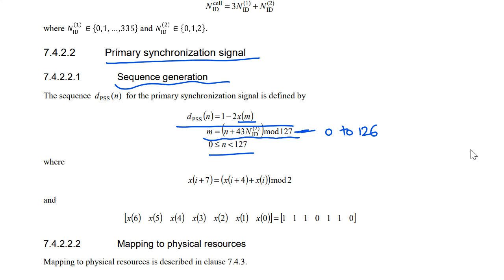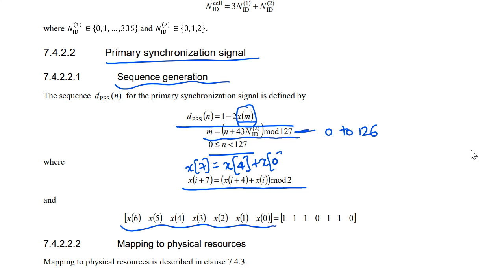Basically, if you see this x of m, the initial values are given for x of 0 to x of 6. If you want more than this, then you need to apply this formula to get, let's say, x of 7. Then what I need to do: x of 4 plus x of 0.